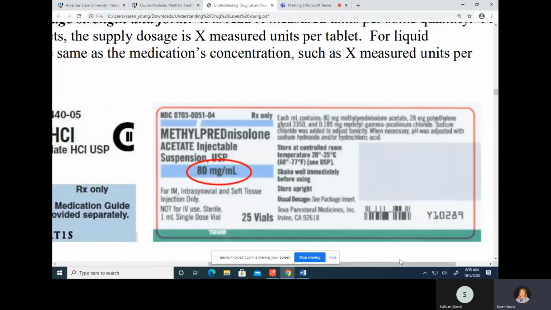Somewhere in the fine print it tells me it's a 1 milliliter single dose vial. So I have 25 of those 1 milliliter vials in that box. So in that whole box, I have 25 milliliters, but each vial contains 1 milliliter.